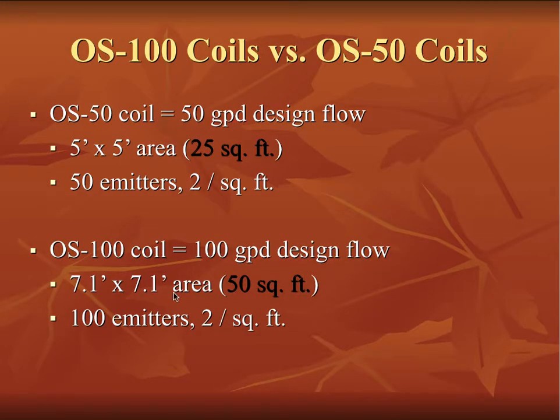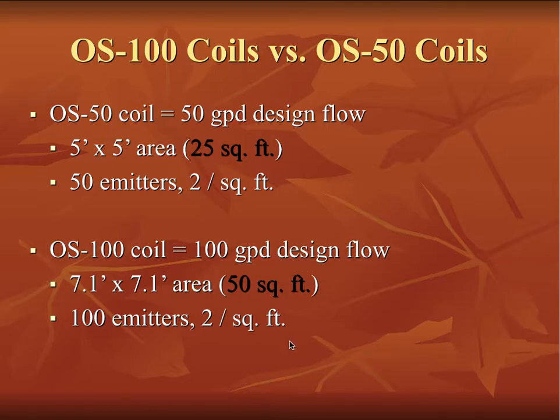Some more differences between the OS100 coils and the OS50 coils are in their square footage of area that they take up. The OS50 coil, having a 5-foot diameter, will have a 5x5 dimension of area that each coil will take, and that'll give you 25 square feet per coil. With the number of emitters that are in each OS50 coil, we have 50 emitters, and that equates to 2 emitters per square foot.